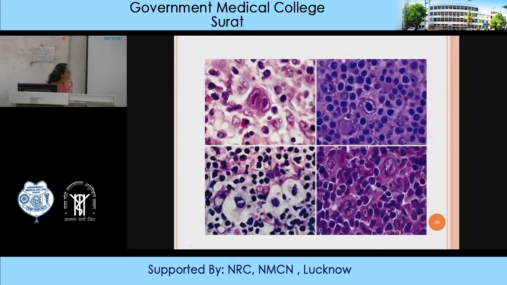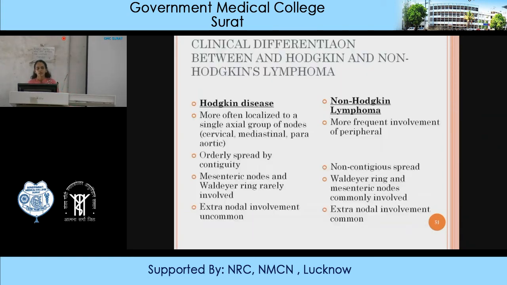Here the first image, right upper, shows a mirror image RS cell. The left upper shows mummified, the right lower has lacunar, and the left lower again a multilobated giant cell. The difference between Hodgkin's and non-Hodgkin's should be known and can be asked in your viva.